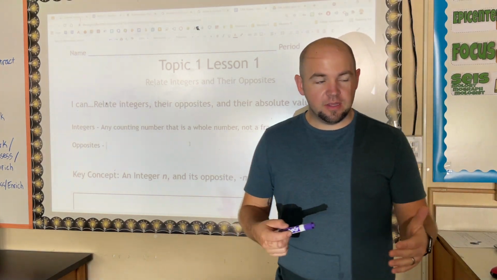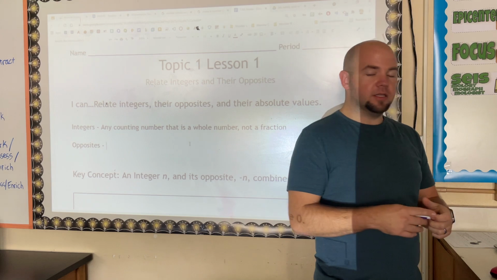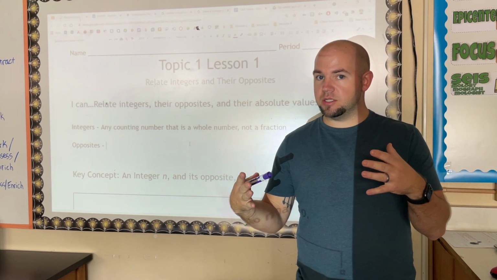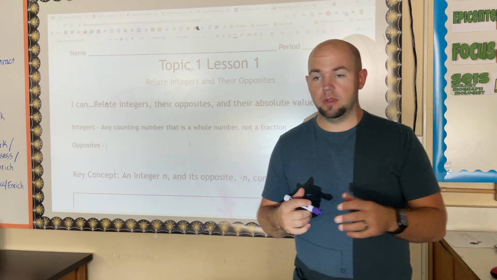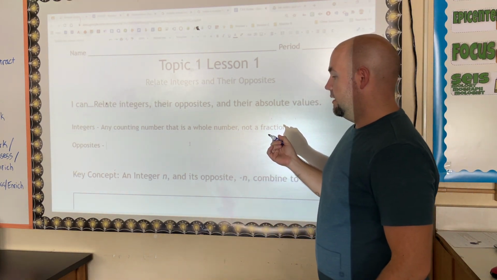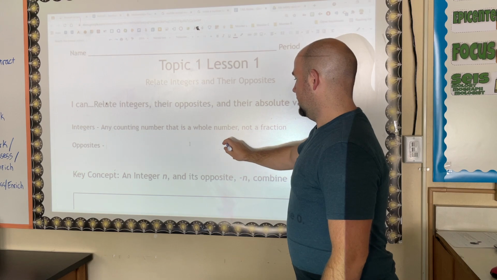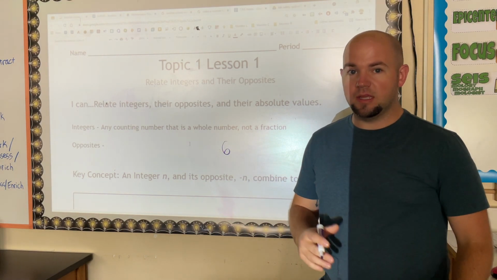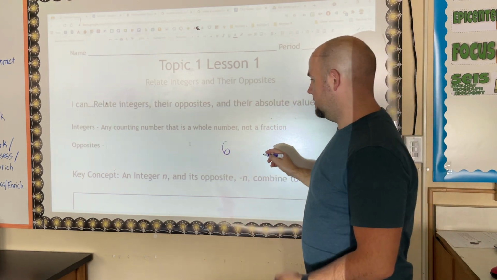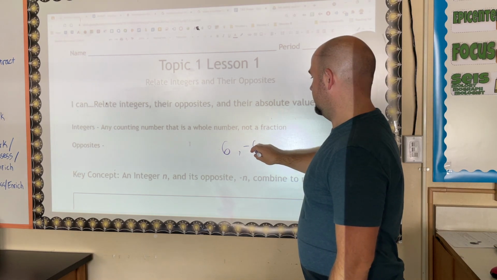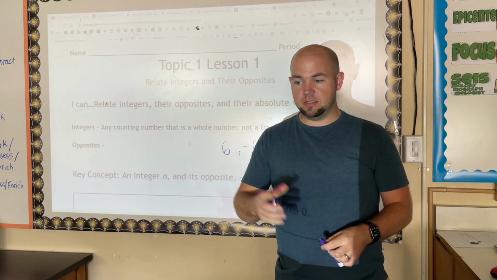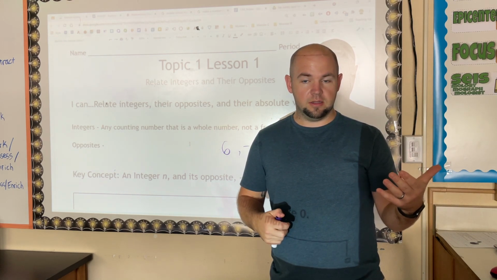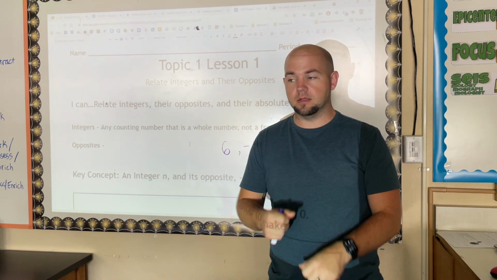The opposite of any of these numbers is a number that when we combine an integer and its opposite is 0. So if I have 6 and the opposite of that is -6. When I combine those, if I have +$6 and I have a -$6, I have $0.